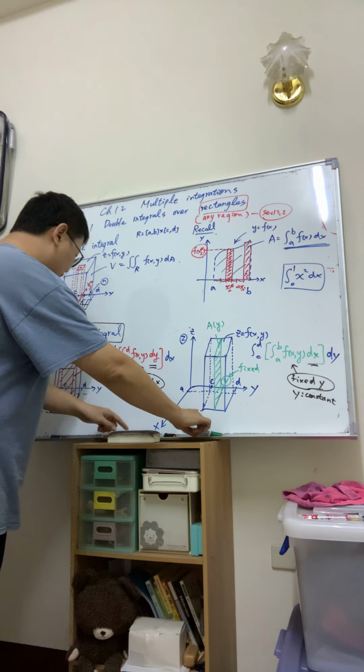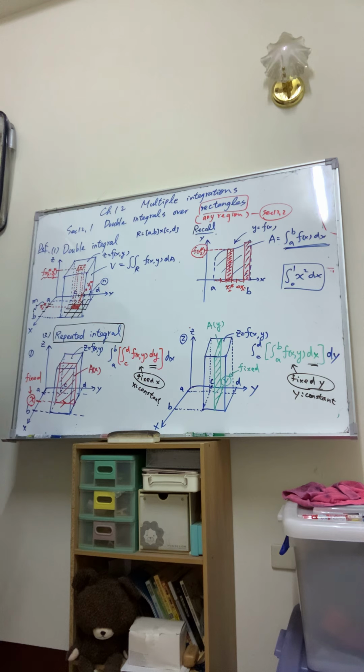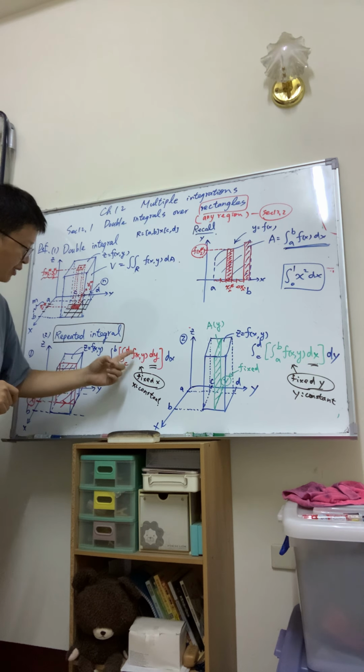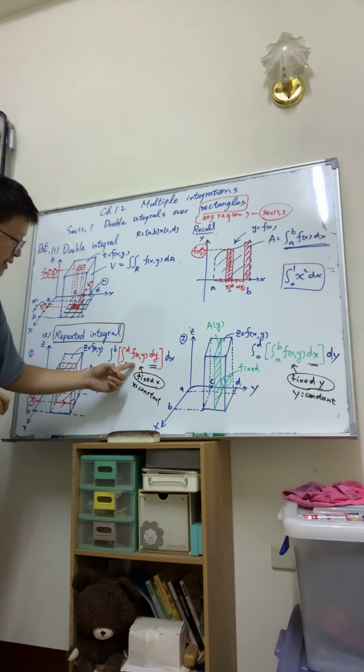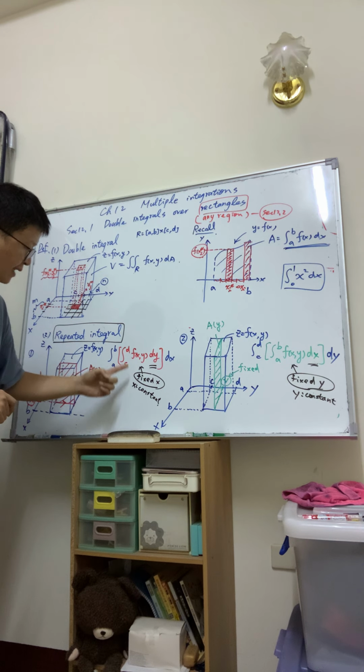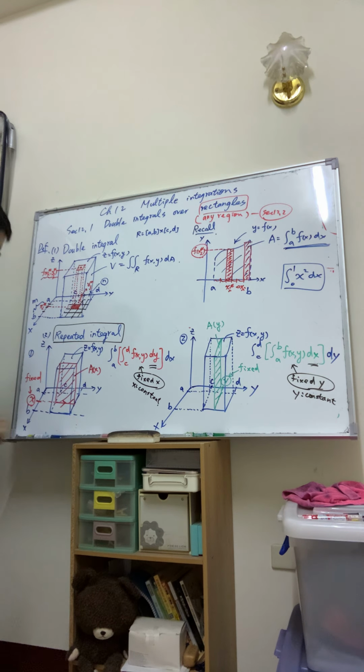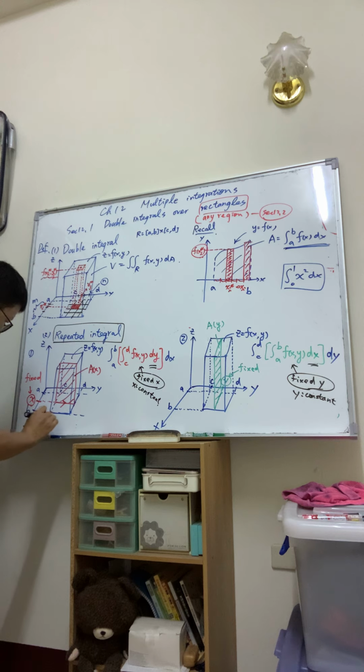Okay, so now let's see the difference. Here, if we integrate by y, it means that we fix x, right? Then you could view x as a constant. So what does it mean? We fix x. For example, here we consider this one, and we fix x. For example, we let x be 2.